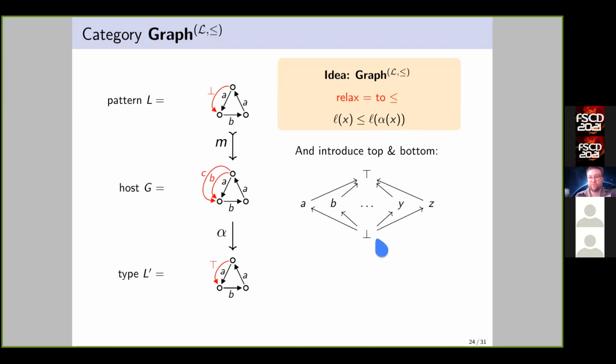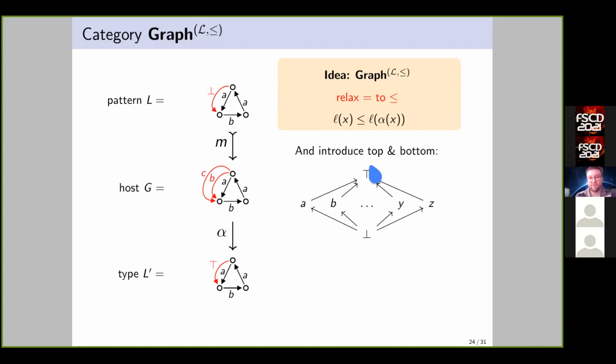The easiest way to do this is to introduce a bottom and a top element, and this gives us a complete lattice. The bottom element is smaller or equal than all the elements in our lattice. This can be the source, so it can be mapped onto any element with an arbitrary label. So we can map bottom on B, we can map bottom on C, whatever we want.